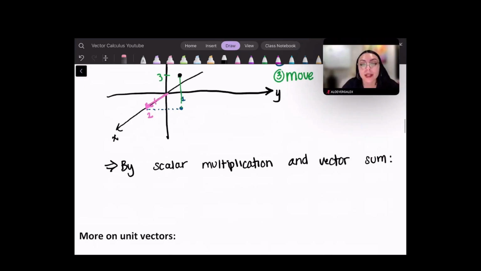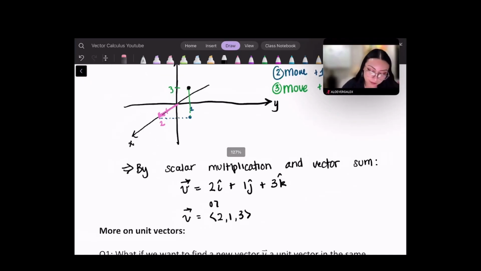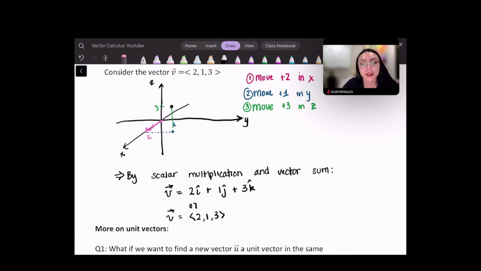So then by scalar multiplication and vector summation, we can write the vector v as 2 units in the i direction, plus 1 unit in the j direction, plus 3 units in the k direction. So we can write v like this, or we can write it in component form. v equals <2, 1, 3>. Okay, so hopefully that's clear. Let's do a practice problem now.